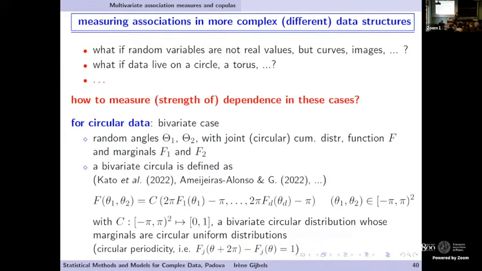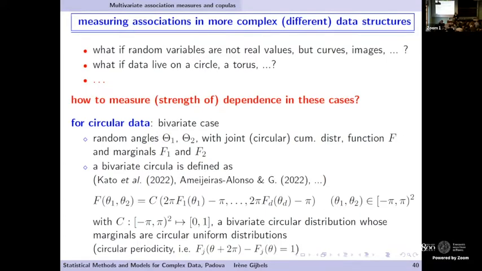They are no longer uniform linear marginals, but they go back to a uniform circular density. Now, you might say, okay, then it's done. No, it's not done, because you have to deal with this periodicity, which is not so easy. So the question you might raise here is, how do you measure dependencies here?